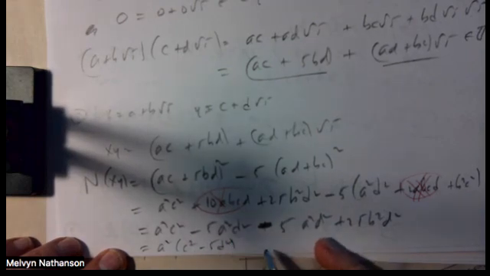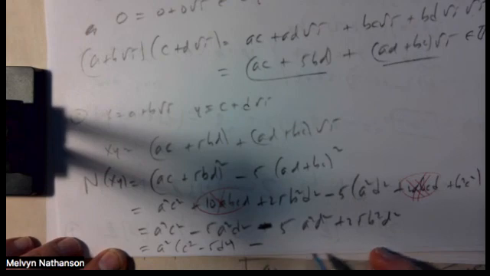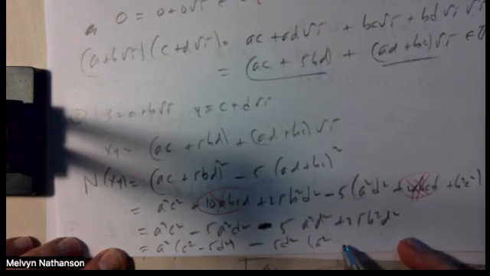I get A squared times C squared minus 5B squared. Here, if I factor out a 5B squared, I get A squared minus 5B squared. Let's see if I did it wrong.